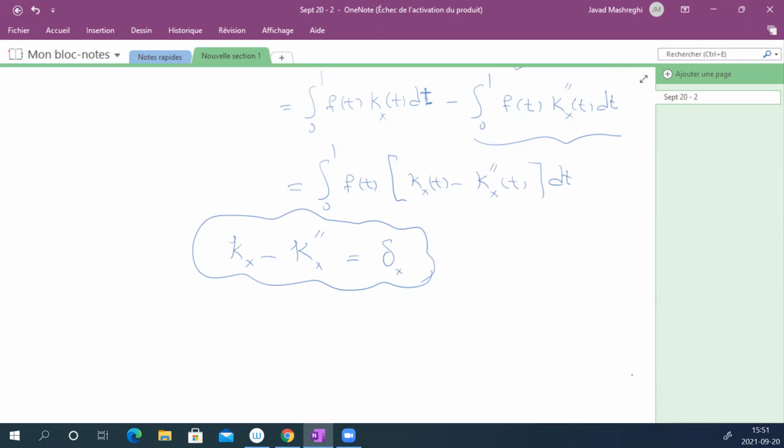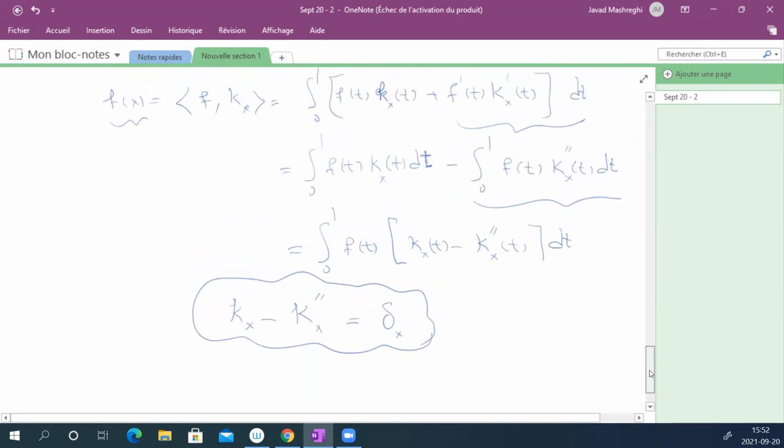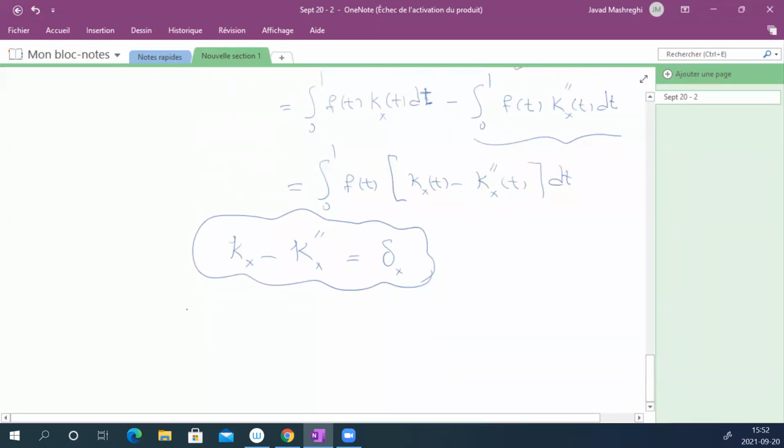Well, how do we obtain the solution for this? If we don't want to go to the general techniques used in distribution theory, we can do it this way. Just recall what we did in the previous case.